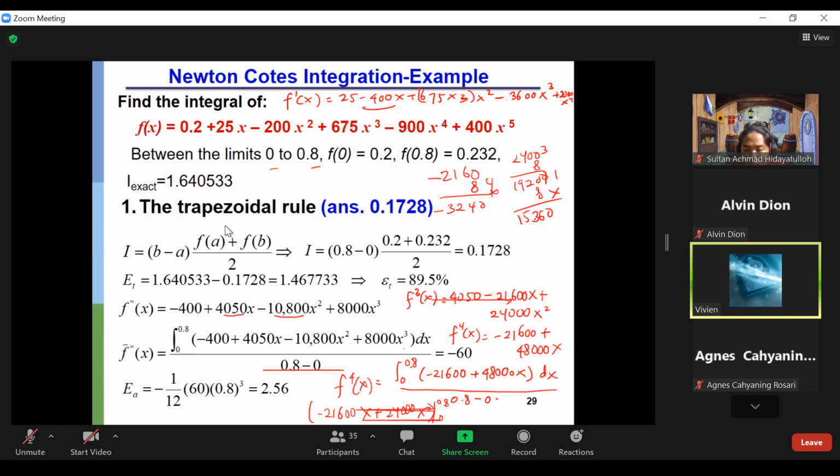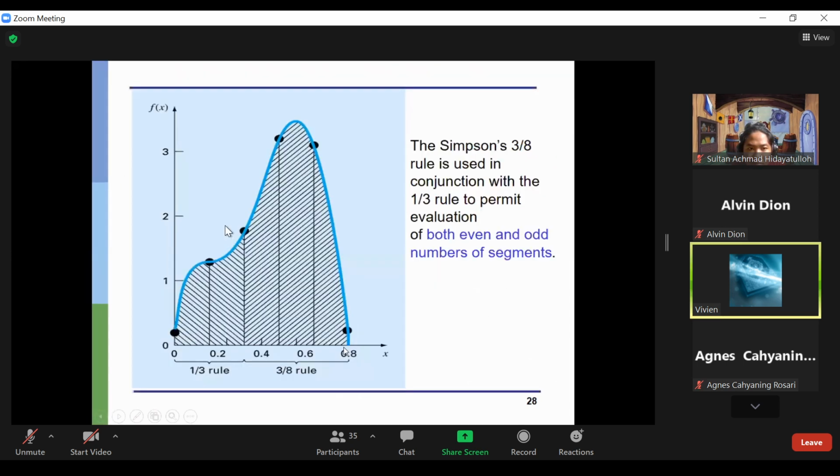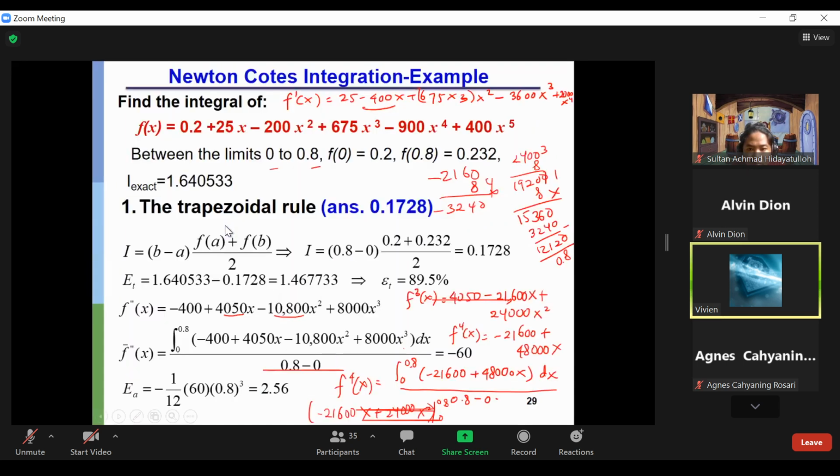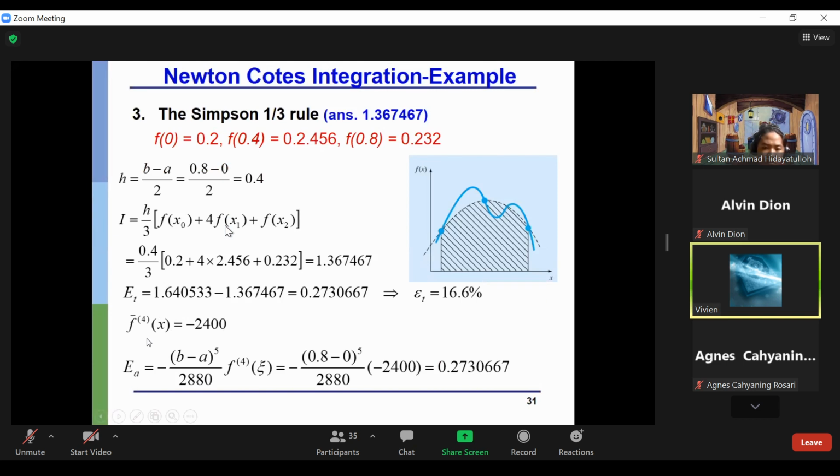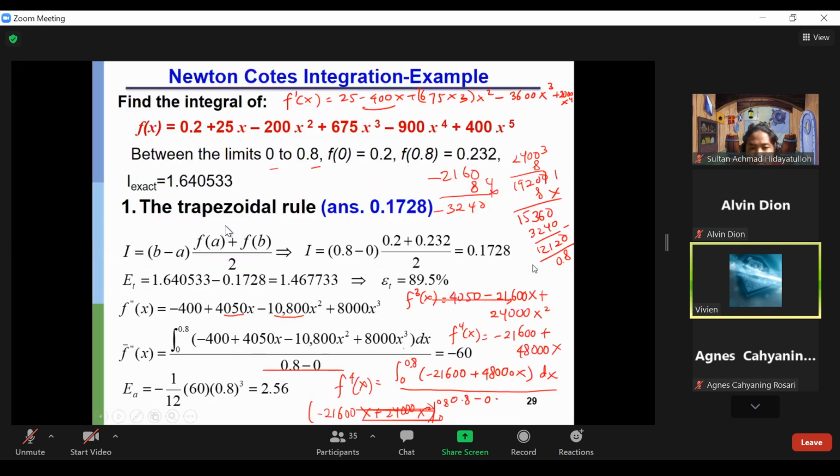Now that is minus 3,240, so that will be 12,120. So that should be divided by 0.8. Where is it? So that should be 12.